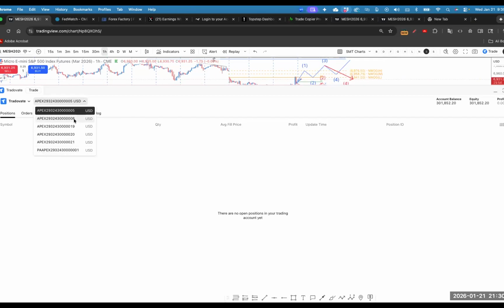I'm only trading 2 of my Tradovate accounts, because I don't like the Tradovate platform and I can't copy my trades inside of TradingView when I trade them, so I have to trade these individually.